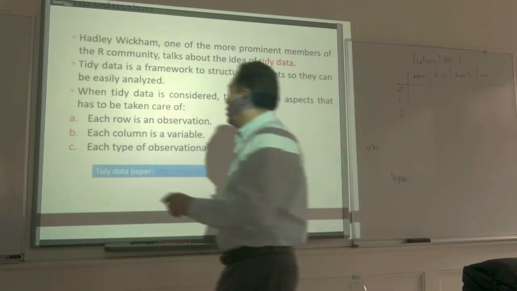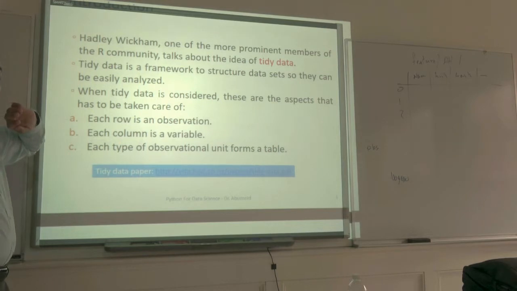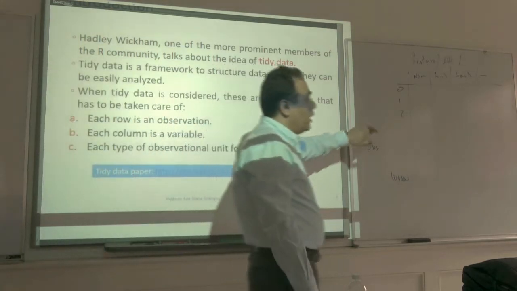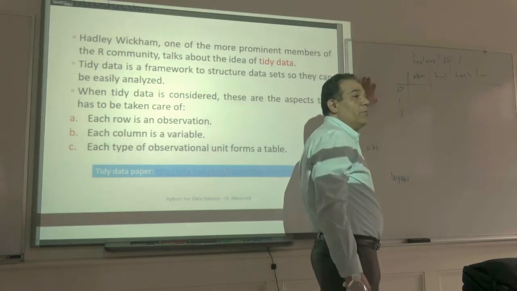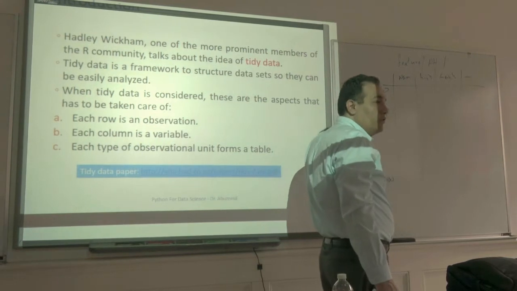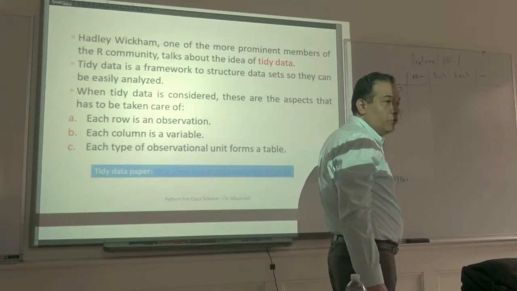So each row is an observation. If, for example, this table talks about 2,000 diabetes patients, there are 2,000 different people in here, so we cannot have the same person twice.